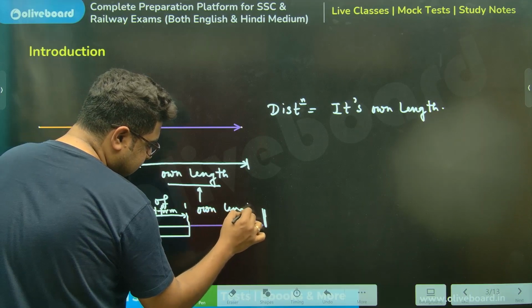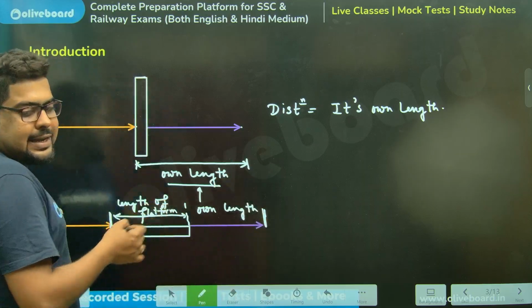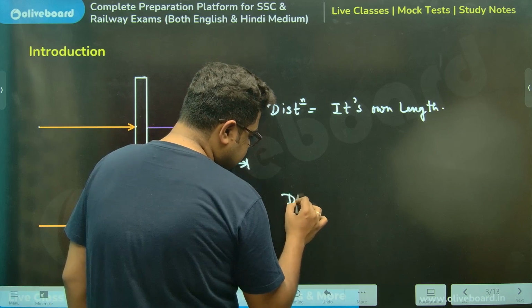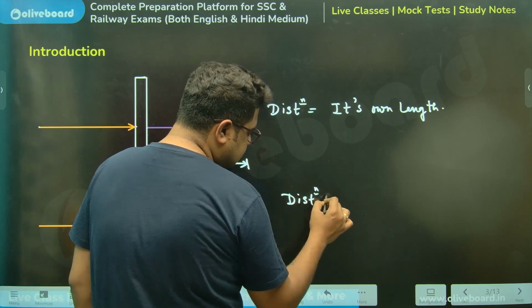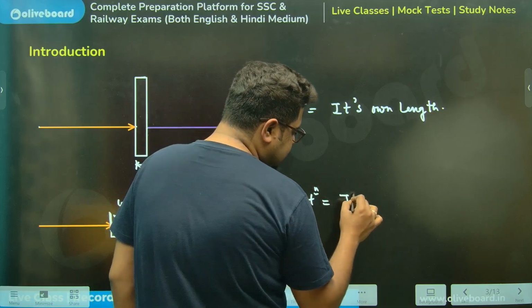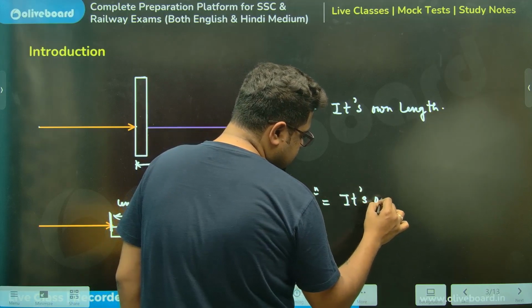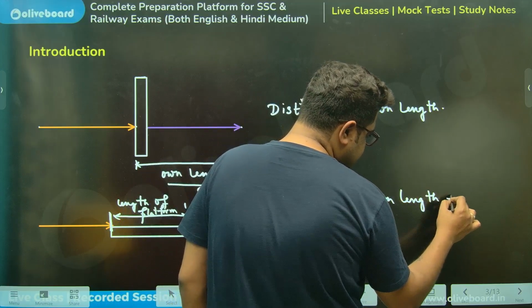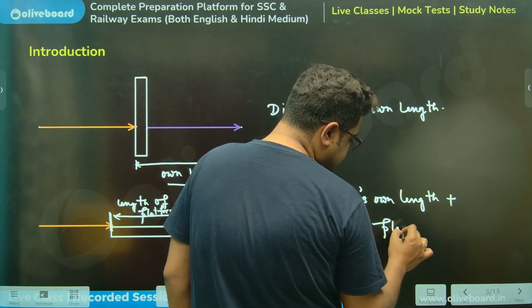So in this situation, the distance is its own length plus the platform length.